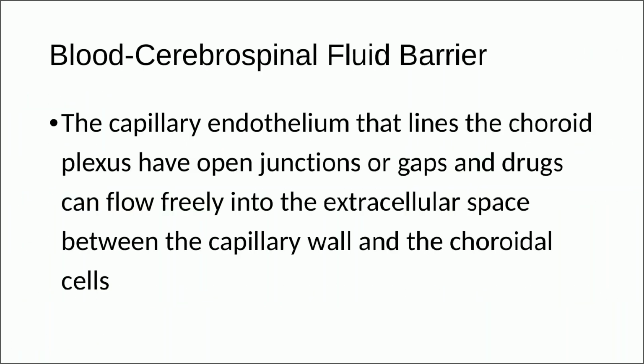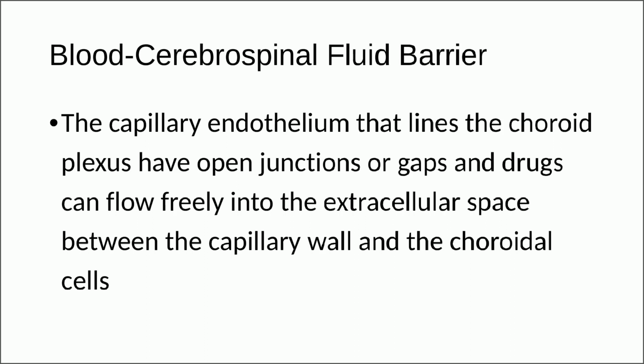Next is the blood cerebrospinal fluid barrier. The capillary endothelium that lies in the choroid plexus has open junctions or gaps, and drugs can flow freely into the extracellular space between the capillary wall and the choroidal cells.